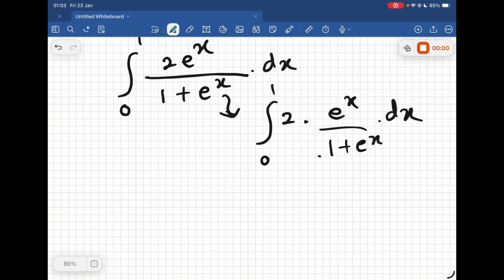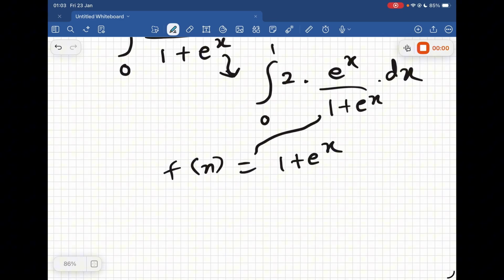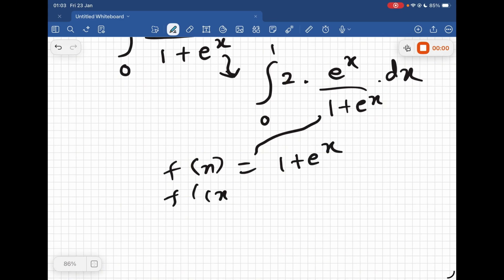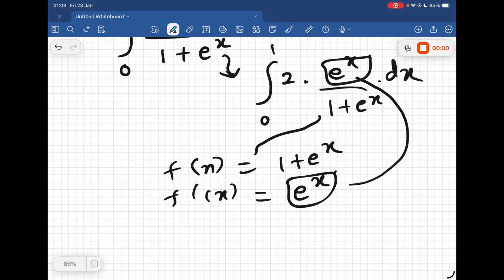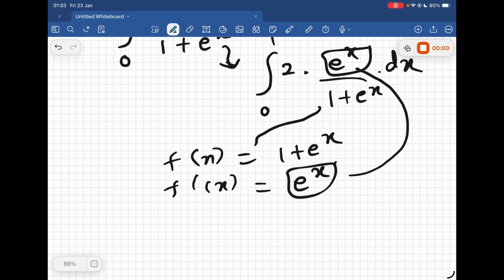Let me identify the denominator and consider it as f of x, which is 1 plus e to the x. Let me find f prime x, the derivative, which is simply e to the power x itself. Comparing with the numerator, yes, in the numerator also I have e to the power x.